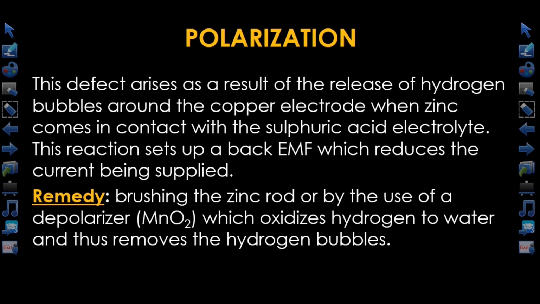If the hydrogen bubbles keep accumulating around the carbon electrode, it will set up a back EMF, which thus reduces the current that is being supplied. So this is the defect called polarization.